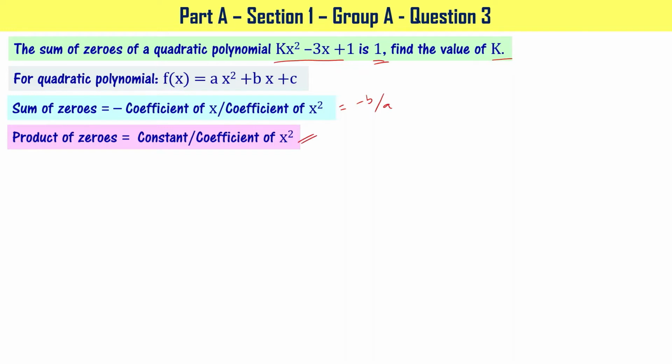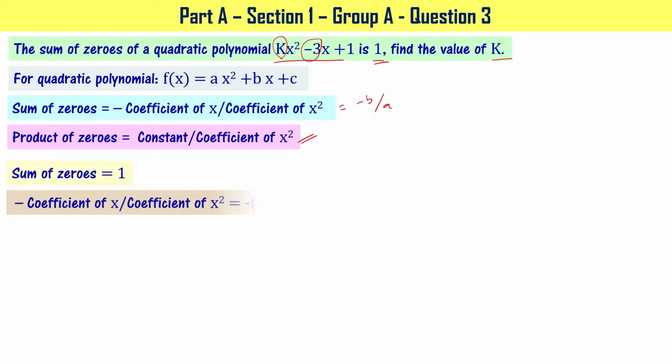So all we need is the sum of zeros, that is expressed as minus coefficient of x divided by coefficient of x square. Here the coefficient of x is minus 3, right? The coefficient of x square is k. So the sum of zeros is given in the problem statement. So I can write it now as negative of coefficient of x divided by coefficient of x square equal to minus of minus 3 divided by k, that is equal to 1, right?